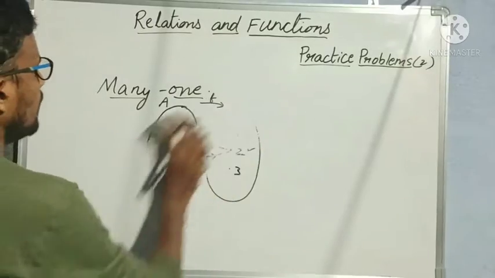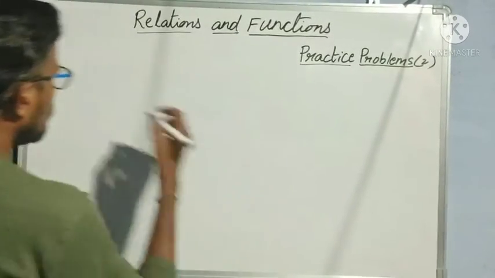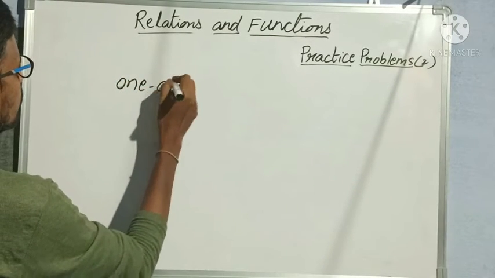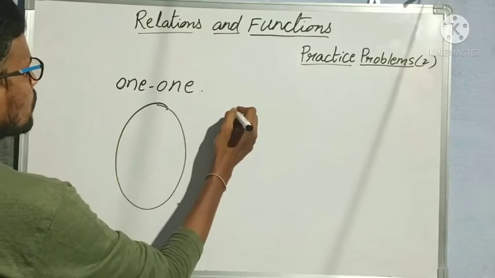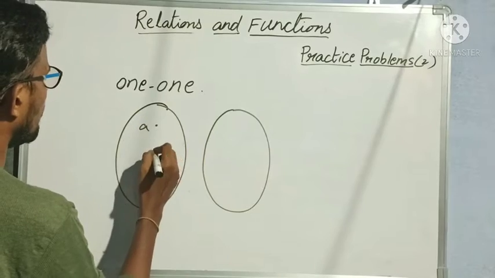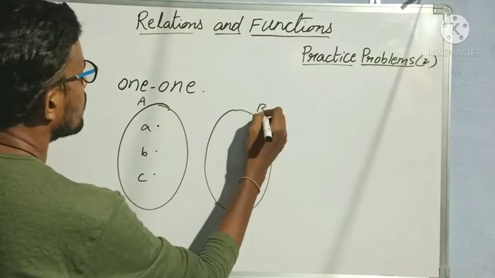Next let us see one one function. With the same example, I am taking three elements a, b and c in set A, and set B is there.